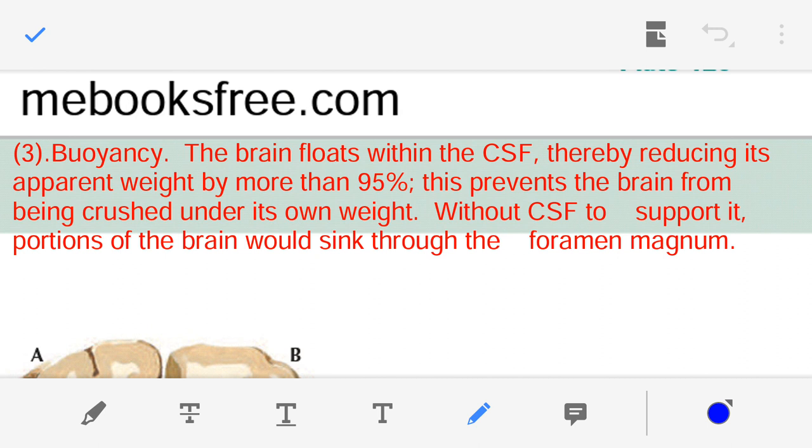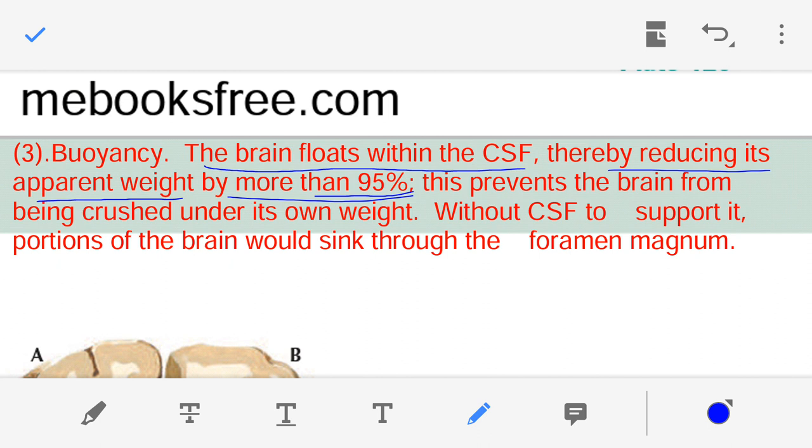Our brain floats within CSF, thereby reducing its apparent weight by more than 95%. So as the CSF is present around our brain, the actual weight of our brain is reduced.